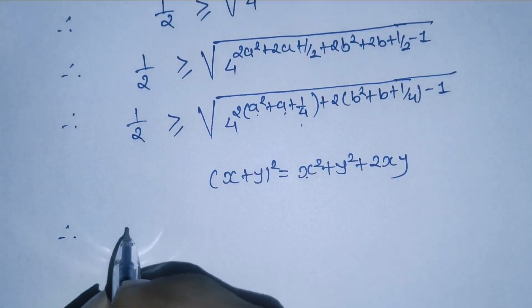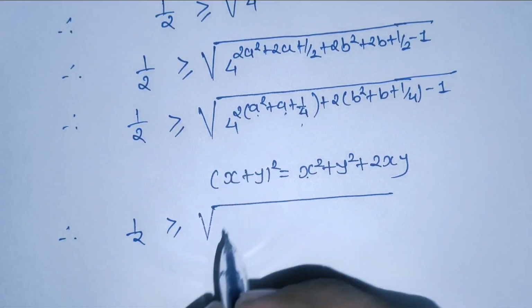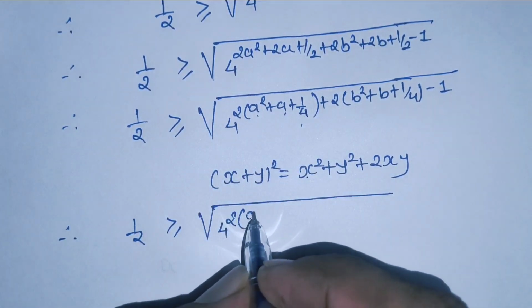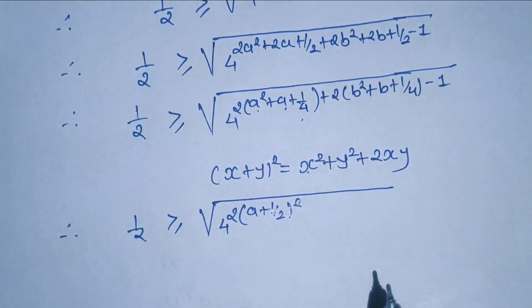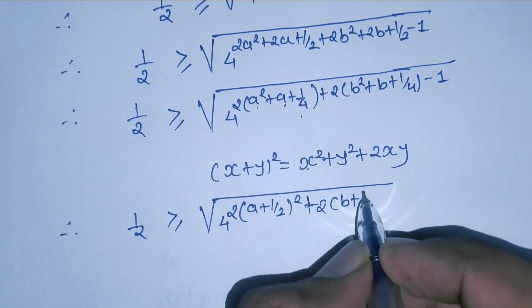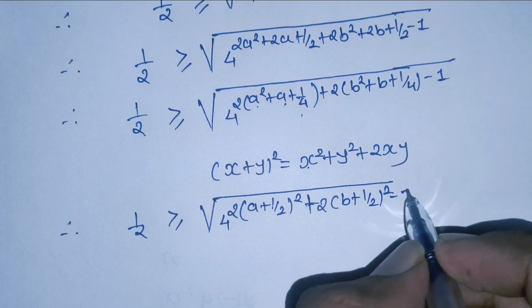Therefore 1 by 2 is greater than or equal to square root of 4 raised to 2 into (a plus 1 by 2) square plus 2 into (b plus 1 by 2) square, minus 1.